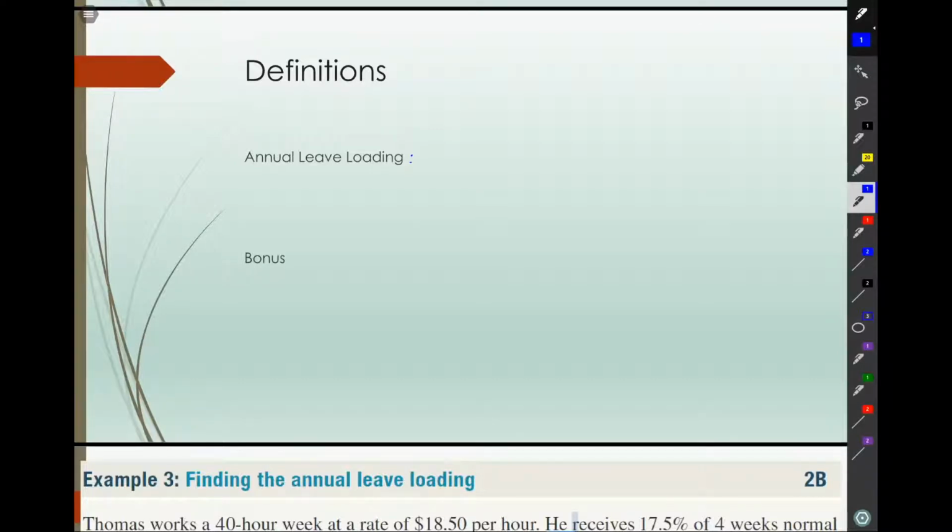So if you want to write that out in words, that's okay, but I think really all you need to know is leave loading equals 17.5% times normal weekly pay times the number of weeks leave you've taken.